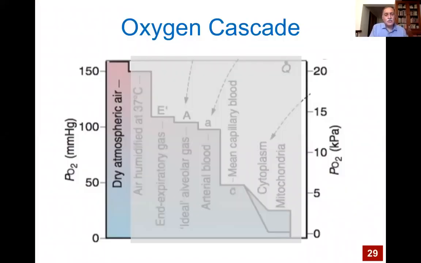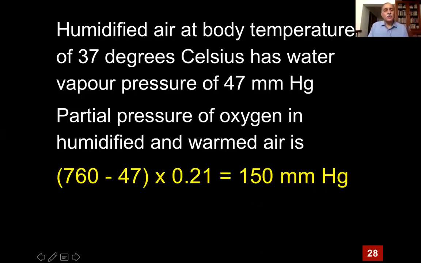And this is what is creating the starting point of what we call the oxygen cascade. Along the y-axis, we have the oxygen tension, and the first step starts a little above 150 millimeters of mercury, which is 160 millimeters of mercury, which is the partial pressure of the gases in the dry atmospheric air, and that is where the oxygen cascade or the waterfall starts.